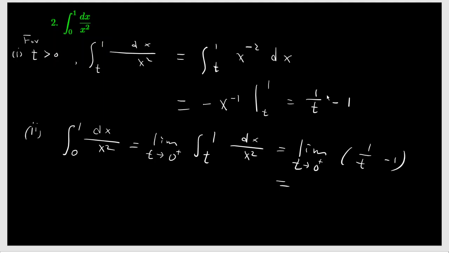Anybody want to tell me this limit? As t gets closer and closer to 0 from the positive side, 1 over t. No, it's not -1. So just imagine as t gets tinier and tinier: 0.1, 0.01, 0.001. 1 over a very tiny number is very gigantic, right? Does that make sense? This limit is infinity.